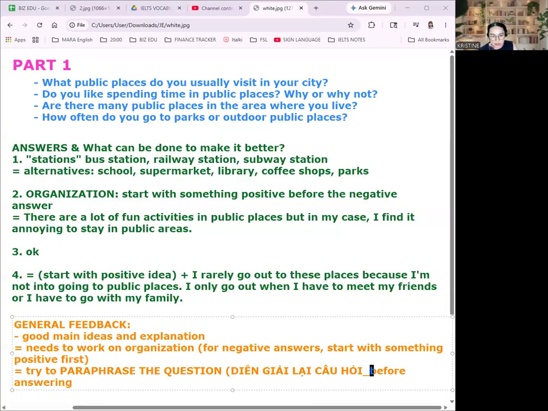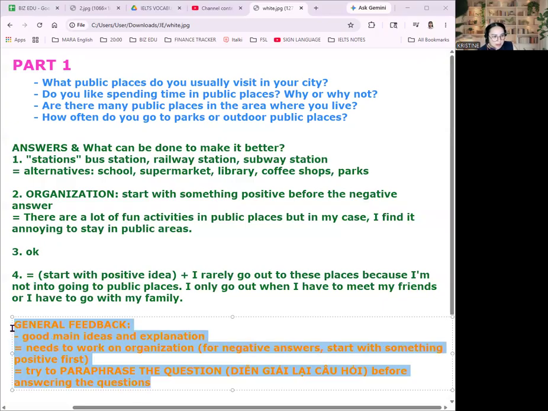By doing that, you will remember what the question is, and at the same time, you will not get confused about the content, or you will not forget the main answers here, Peter. Are we clear?